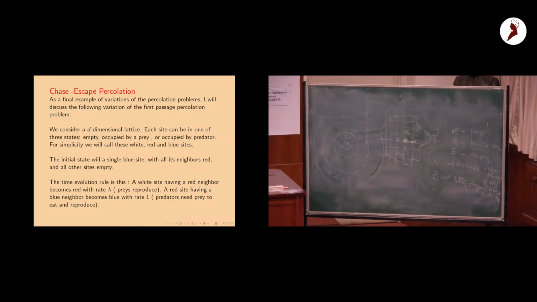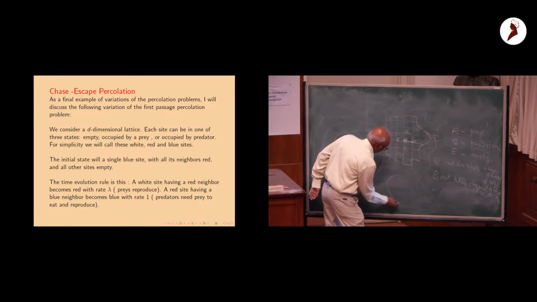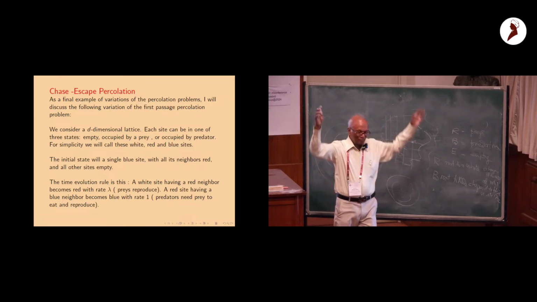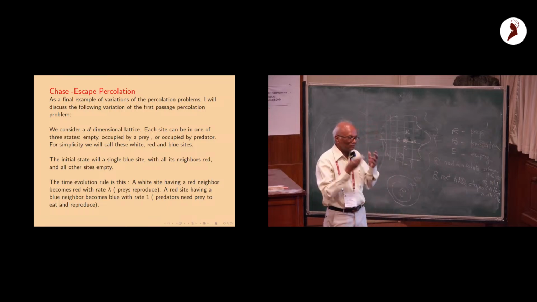Each of them is kind of growing independently of the second one. And there is a blue cluster, and outside there is a red cluster, and the red cluster grows faster. So it's not a problem. If lambda 2 is less than lambda 1, this is what will happen eventually, because the reds will grow fast. And so there is some annular growth in which there is a region of red and there is a region of blue, and outside it is empty, and they keep on growing. Right? This is very simple.